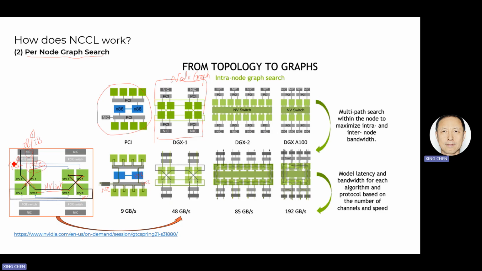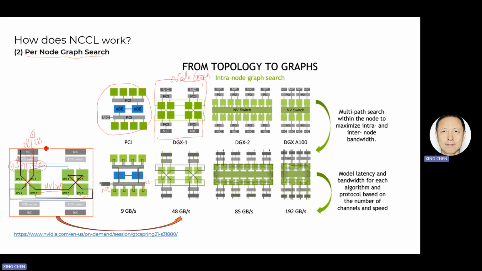To handle this kind of situation, what Nvidia has done is build up multiple rings. We can consider this one a ring: you get in, you pass all the GPUs, and you get out from the same NIC. If we think of the NIC as the starting point and the end point, this is the ring.